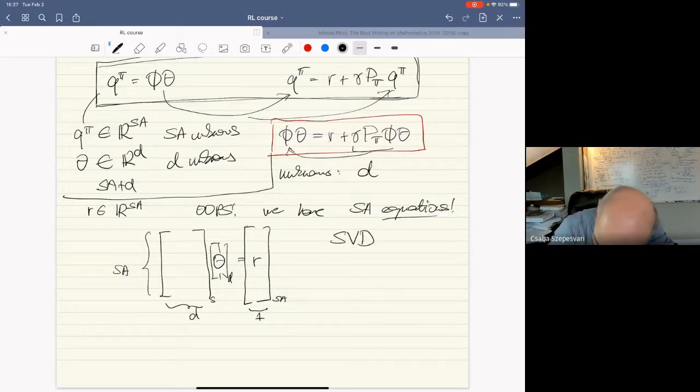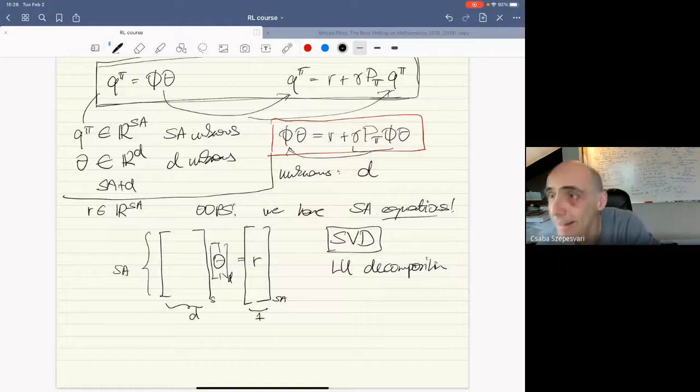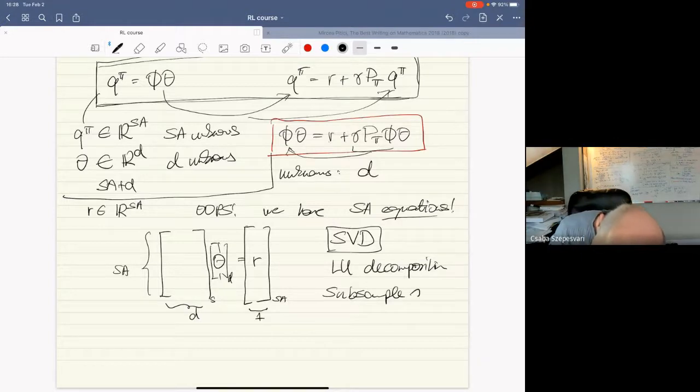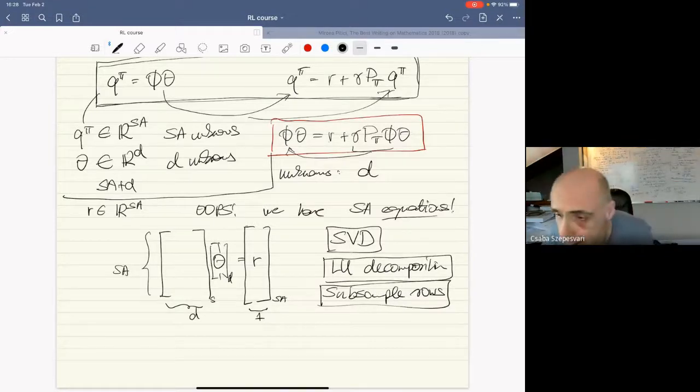SVD. All right. LU decomposition. Subsample rows. What else? Least squares.